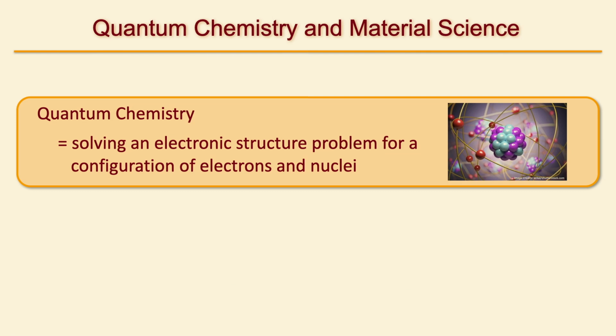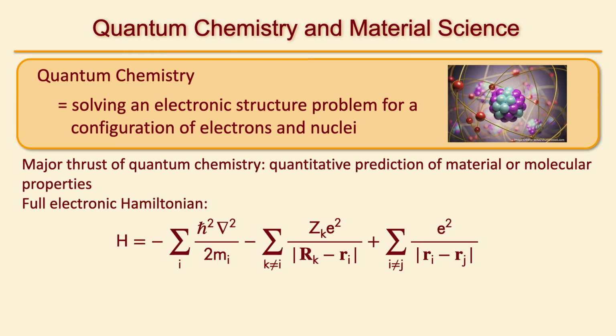Okay, so what is quantum chemistry? Quantum chemistry means solving the electronic structure problem for a configuration of electrons and nuclei, which for physicists basically means dealing with this Coulomb-type Hamiltonian.